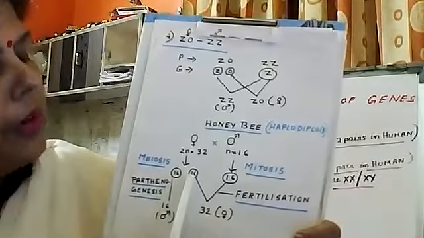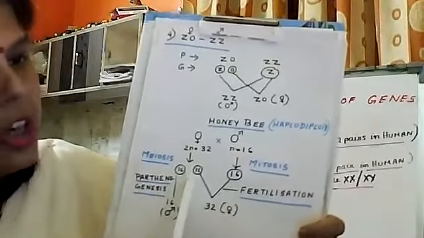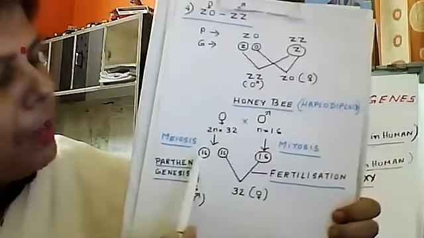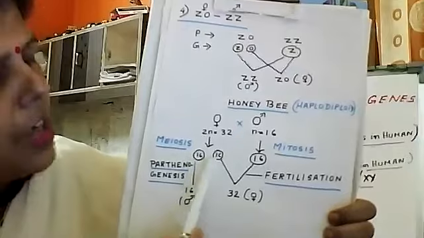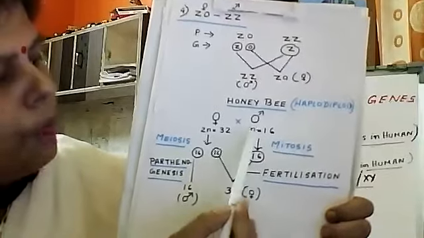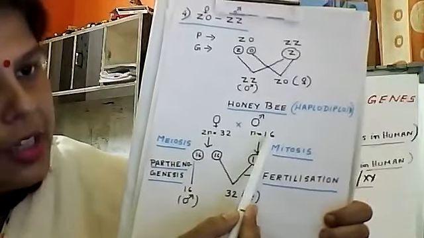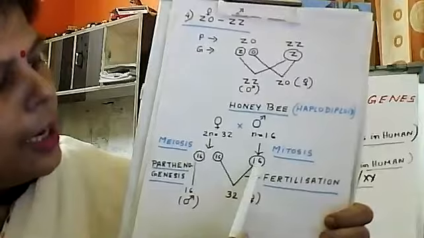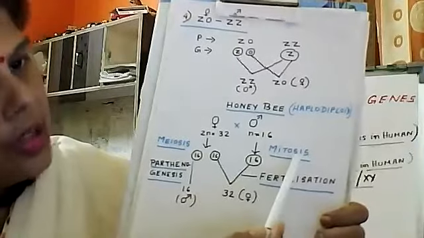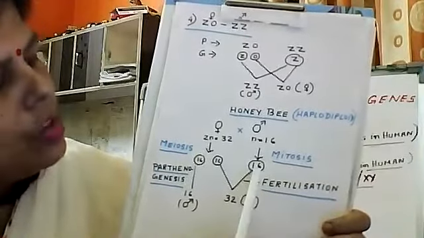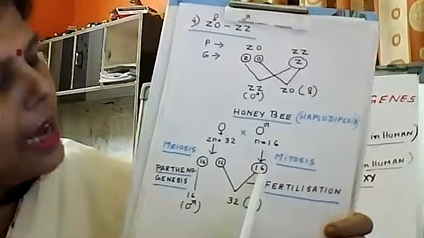Meiosis means reduction division takes place, giving two gametes each having 16. But the male which has 16, in it mitosis takes place and gives rise to the same number of chromosomes, that is 16.